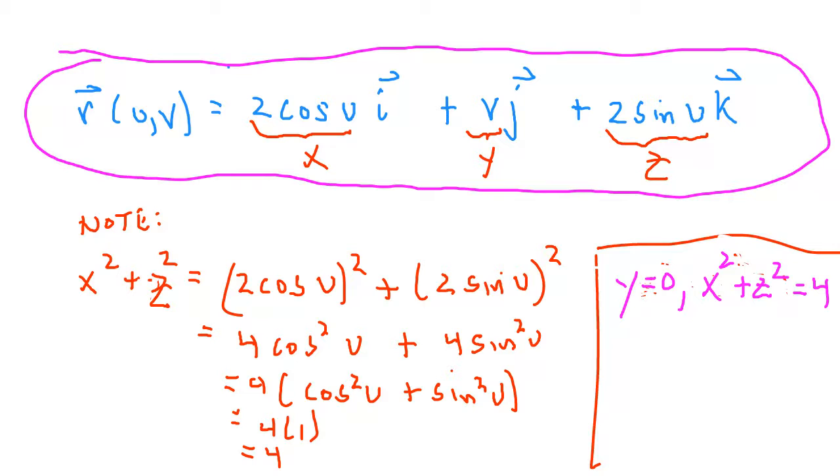Let's consider the situation where y equals 0 and x squared plus z squared equals 4. That would go with u equal to something, and I want to say this the right way.